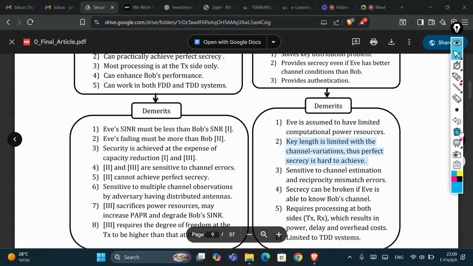So I told you the transmitter and receiver, each one of them estimates a channel, yes? The transmitter estimates this channel and the receiver estimates this channel, but sometimes, I told you, yes, the channel is reciprocal between them. Reciprocal means the uplink and downlink, if from Alice to Bob and if from Bob to Alice, they have the same channel response.